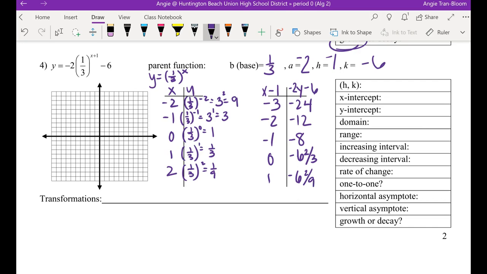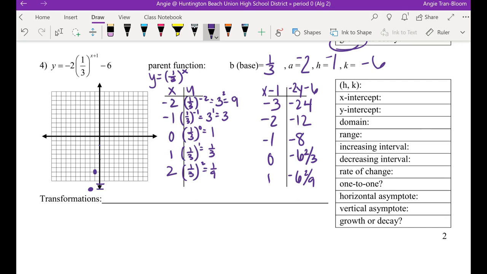I don't have enough grids for -24, but I will then start at -2, -12. Okay. -2, -12. 1 and 2. I'm just going to add 2 more tick marks. -1 and -8. 0, and -6 and 2/3. 2, 4, 6. Should I draw my horizontal asymptote line so I know what not to go over?